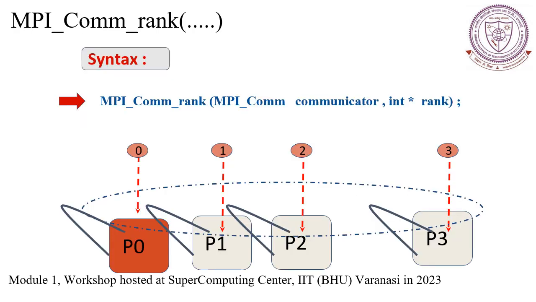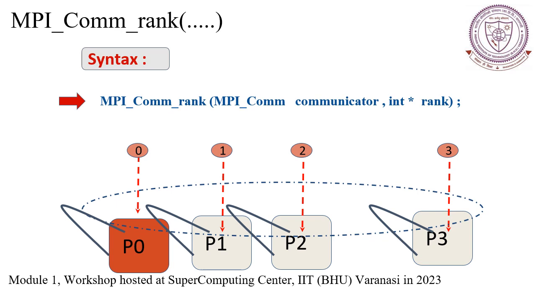Now you will see one diagram here. Here we have MPI_Comm_rank, and inside this function we have given an MPI communicator, then a pointer variable. So what is it? The function takes a communicator and a pointer to an integer variable as input. The communicator is a group of processes that communicate with each other.